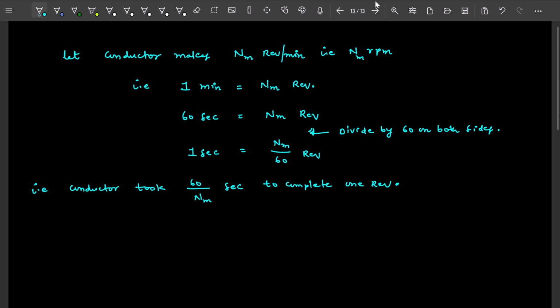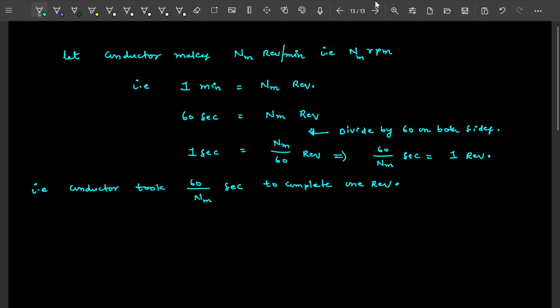Now this equation is there, no? In this equation what we will do, we will multiply 60 by Nm on both sides. That is, 60 by Nm seconds will be equal to 1 revolution. That is, multiply by 60 by Nm on both sides.